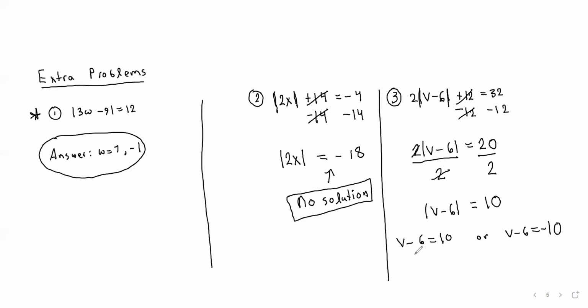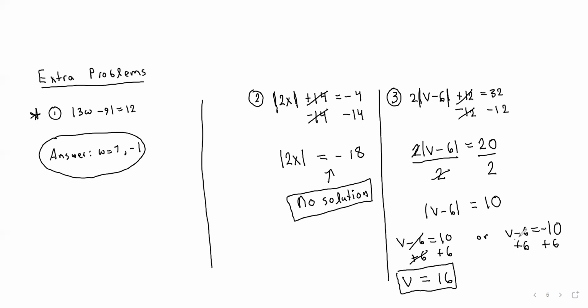To solve the one on the left, v minus 6 equals 10, we just add a 6 to both sides. The positive and negative 6 cancel. On the left, we have a v, and on the right, we have 10 plus 6, which is 16. Now the equation on the right can be solved the same way. We add a 6 to both sides.